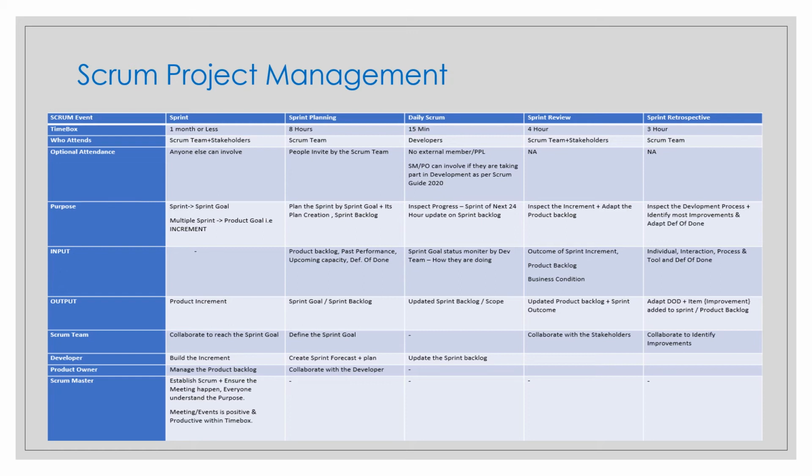Cross-functional means the team has the skills required to accomplish the work without depending on others who are not part of the team, especially the technical expertise needed in creating the product. The Scrum team is designed to optimize flexibility, creativity, and productivity.